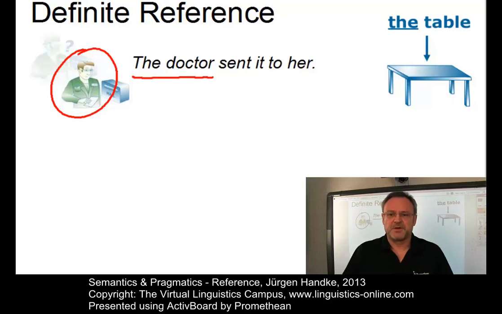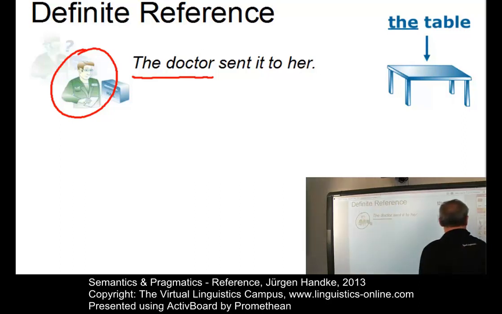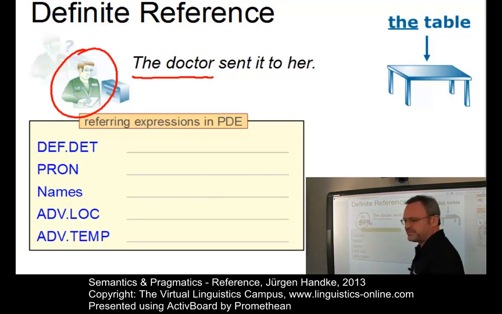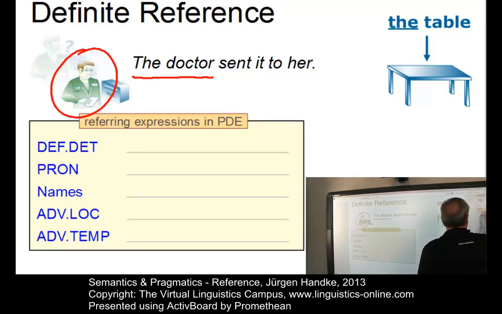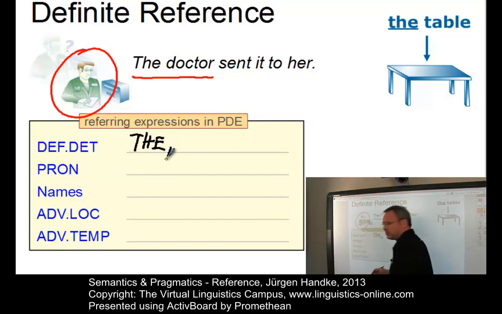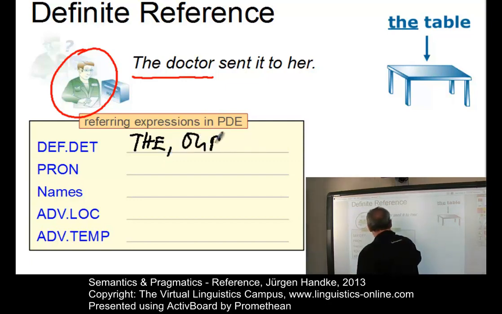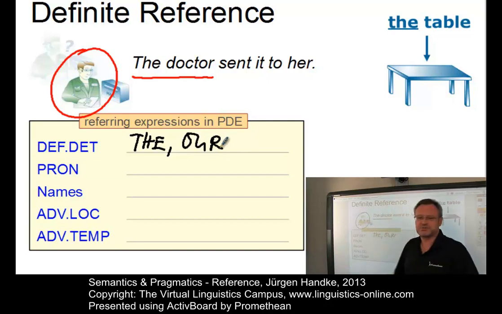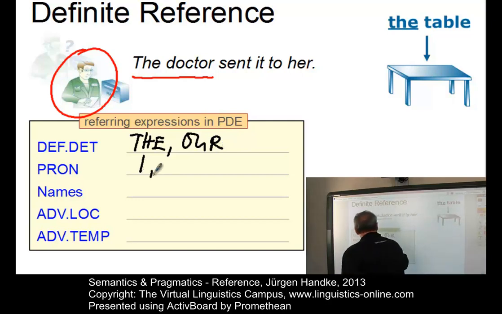The set of referring expressions in English includes these categories here. For example, definite determiners, such as the, or a determiner such as our. Pronouns such as I or she.